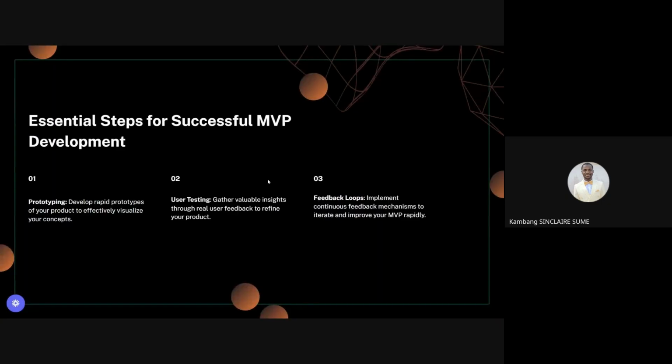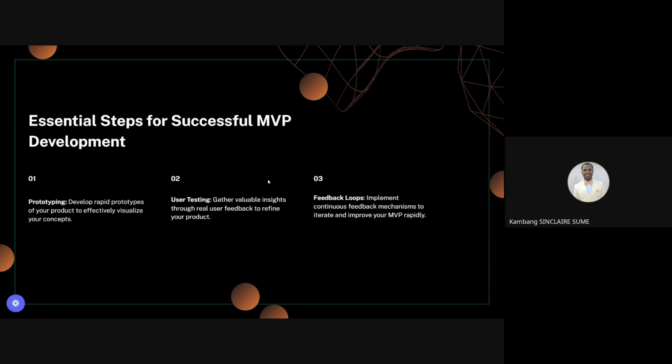When you think about MVP development, there are a few things that should come to your mind, or there are some key things that you should have at the back of your mind. Remember that this minimum viable product is the small piece of a big thing that you are thinking about.